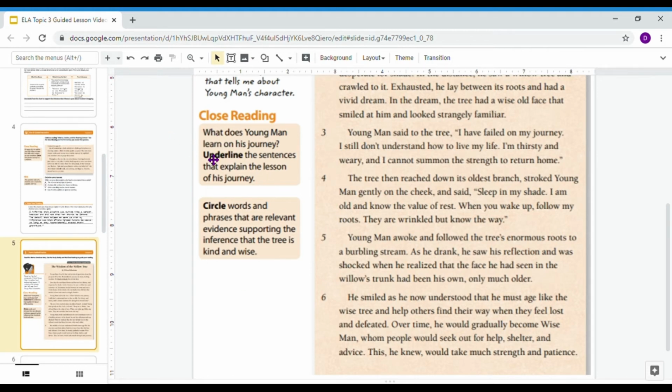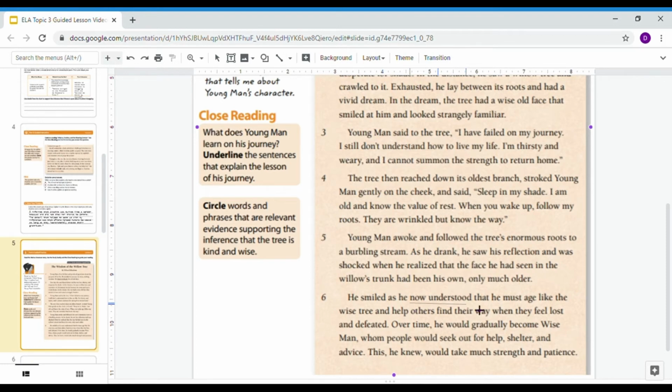What does young man learn on his journey? Underline the sentences that explain the lesson of his journey. So what does young man underline? The sentences that explain the lesson. So the lesson, I think, is right here.